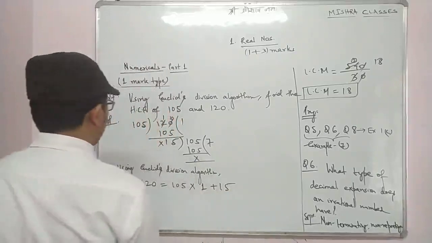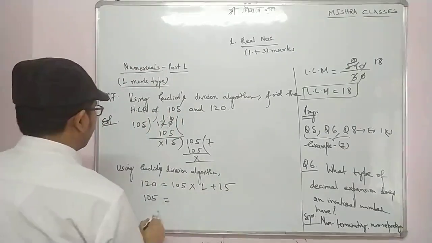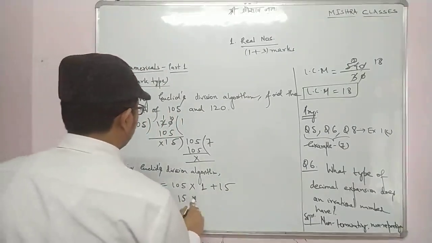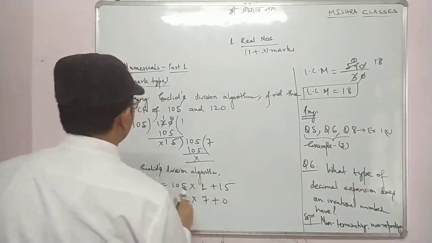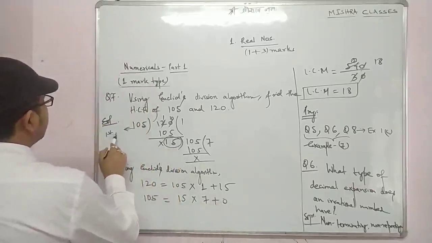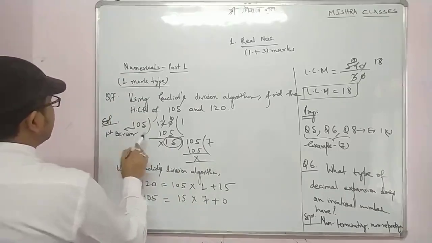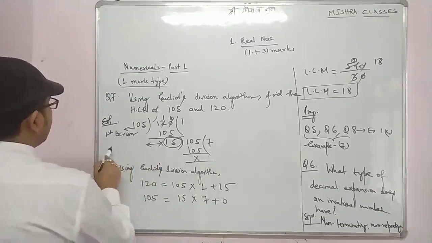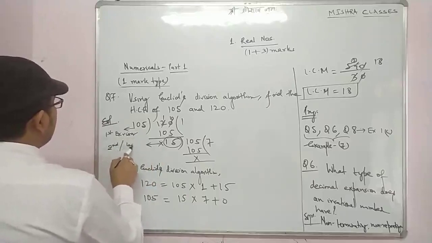Is it clear? Then we can write 105 equal to 15 into 7 plus 0. Now you see, this is our HCF. This was our first divisor, and this was our second or last divisor.